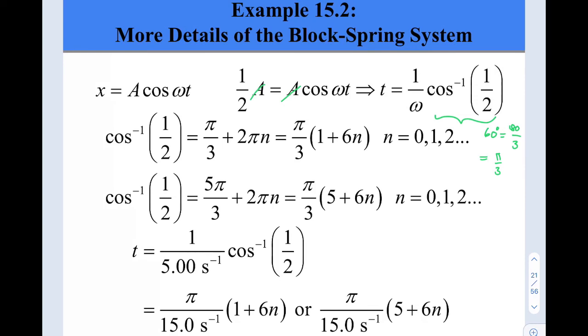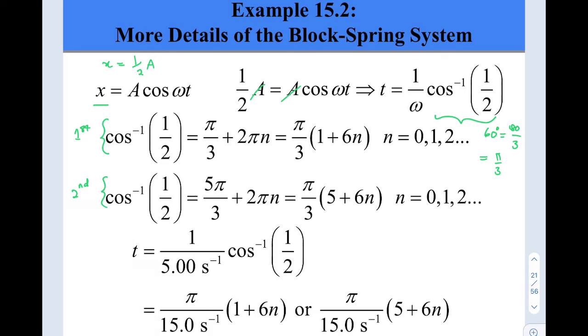This is for the first cycle. And then this is for the second time that the position of the block reaches x equal to half of A, right?